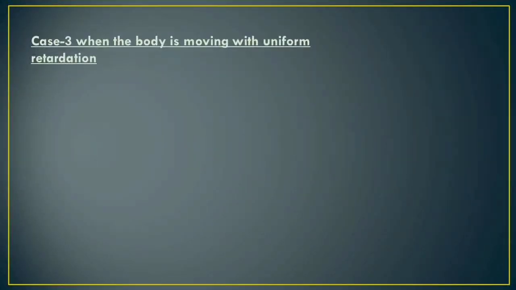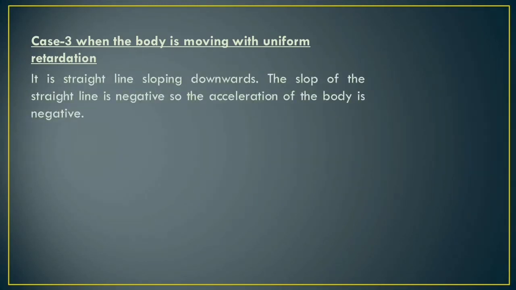Our third case is when the body is moving with uniform retardation. Retardation means here the acceleration will be negative, or we can say the body is decelerating. So the velocity time graph for a body whose velocity decreases uniformly with time is a straight line sloping downwards.